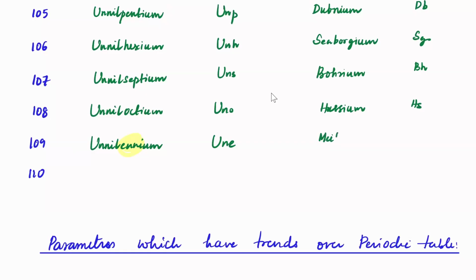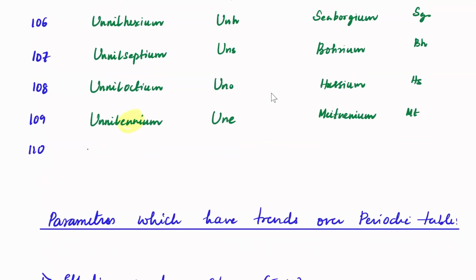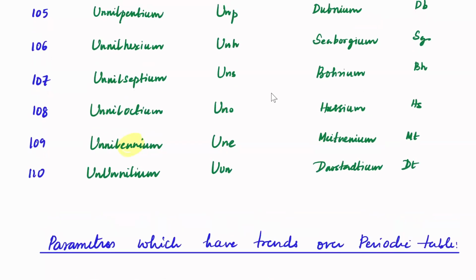This is Meitnerium, which is MT. And lastly, this is Ununnilium, UUN. This is Darmstadtium, which is DS. Clear?